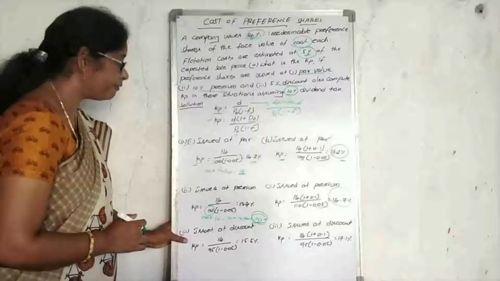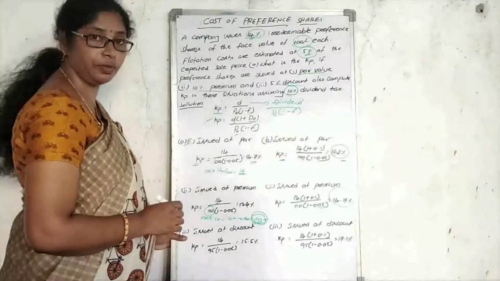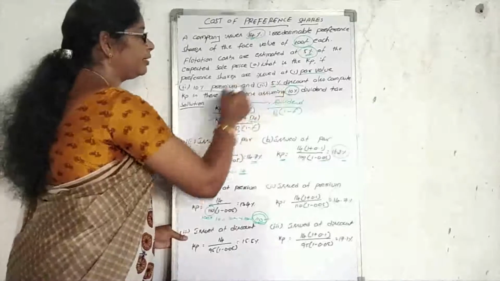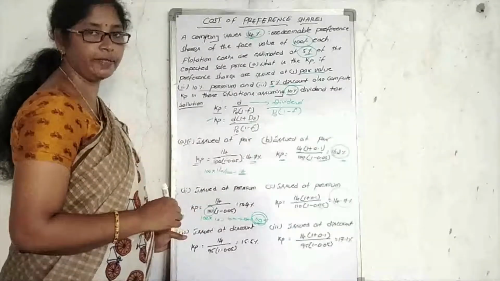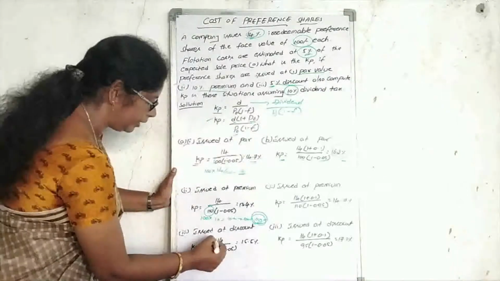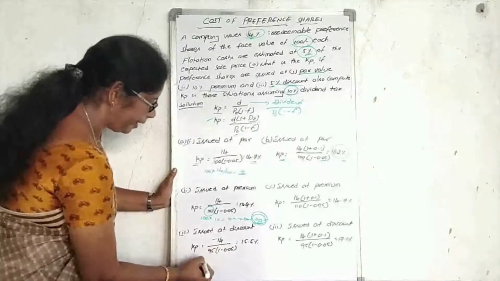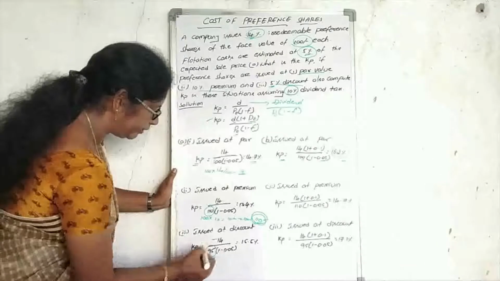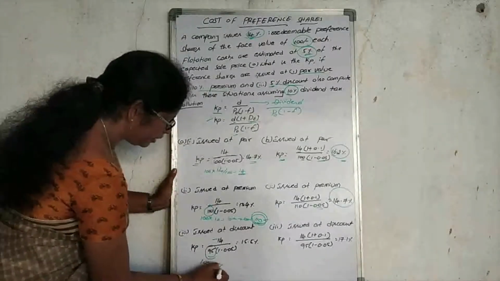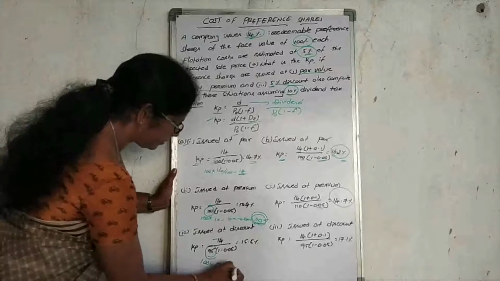And coming to when preference shares are issued at a discount. How much discount are they giving here? 5% discount. Okay. The same formula we are going to apply here. 14 rupees divided by, how can we get 95 rupees? 100 rupees into discount 5% equals 5 rupees.